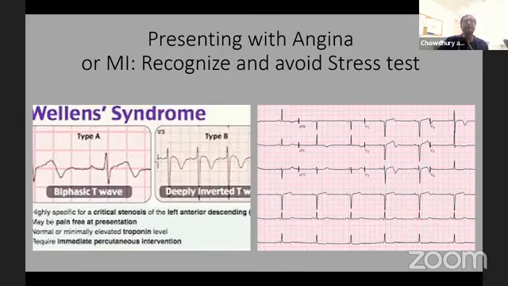And the vast majority of the patients will not have any ST elevations or Q wave if you are dealing with non-ST elevation MI. And many of the non-ST elevation MIs can be high risk, such as Wellens syndrome, right? This is typically biphasic.